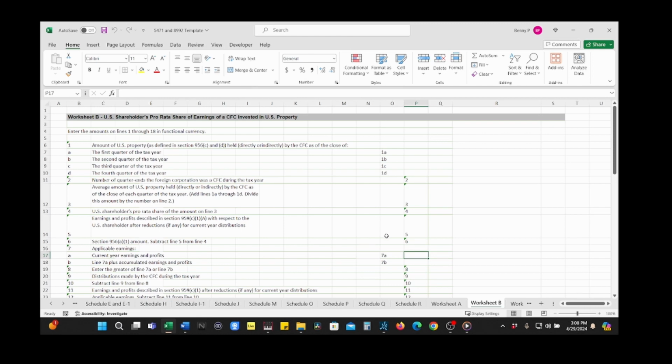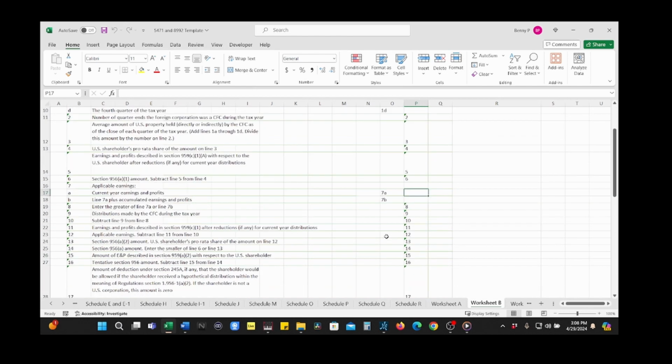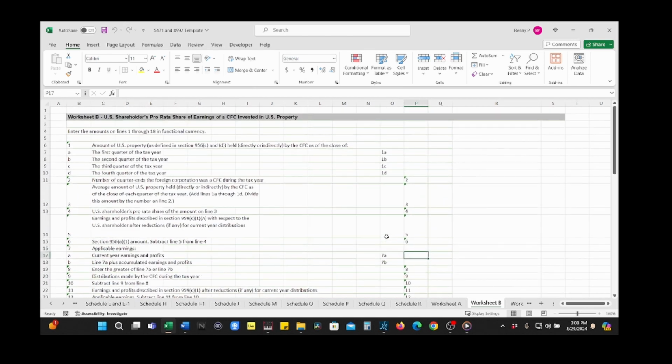Any resulting Section 956 deemed dividend is included as a reclass on Schedule J, as well as PTEP account on Schedule J and Schedule P, similar to subpart F. This is a very complicated worksheet with a lot of terminology, and I would reach out to an international tax professional if you are not comfortable with performing the calculation.